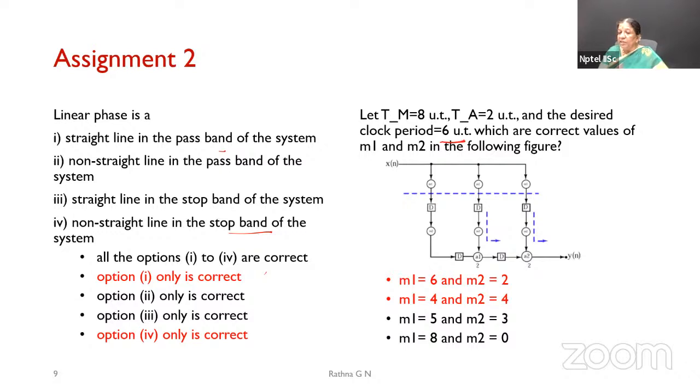So we make this multiplier 6 units, and this multiplier is going to be 2 units. Along with the adder, 2 plus 2 will be 4, and the maximum is going to be 6 units. That's why we have multiplier M1 with 6 units and M2 with 2 units.